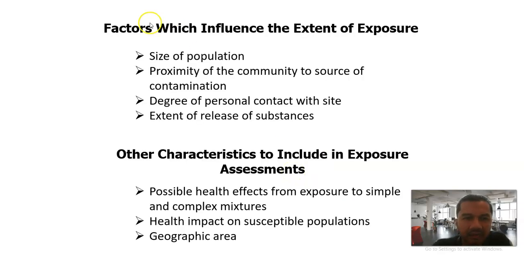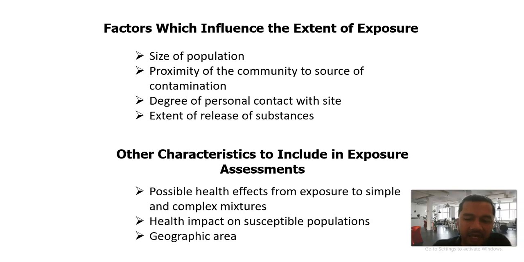Factors which influence the extent of exposure. The first factor is the size of the population, and then the proximity of the community to the source of contamination, and the degree of personal contact with the site.